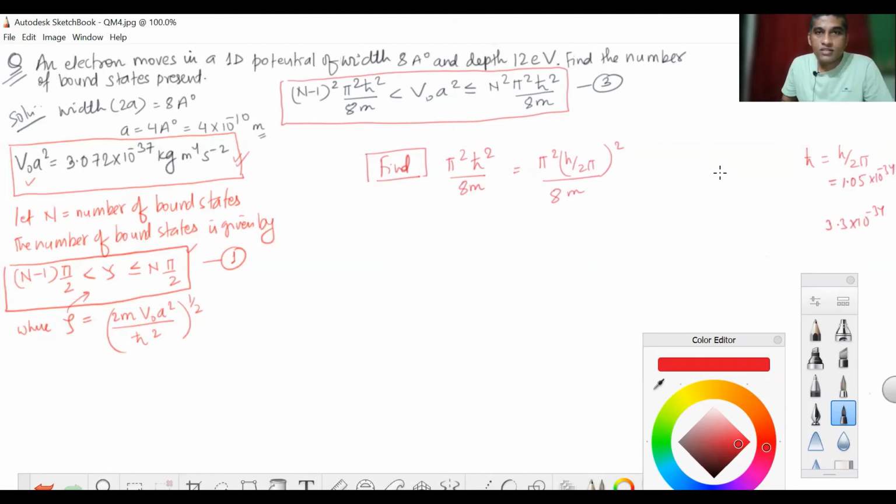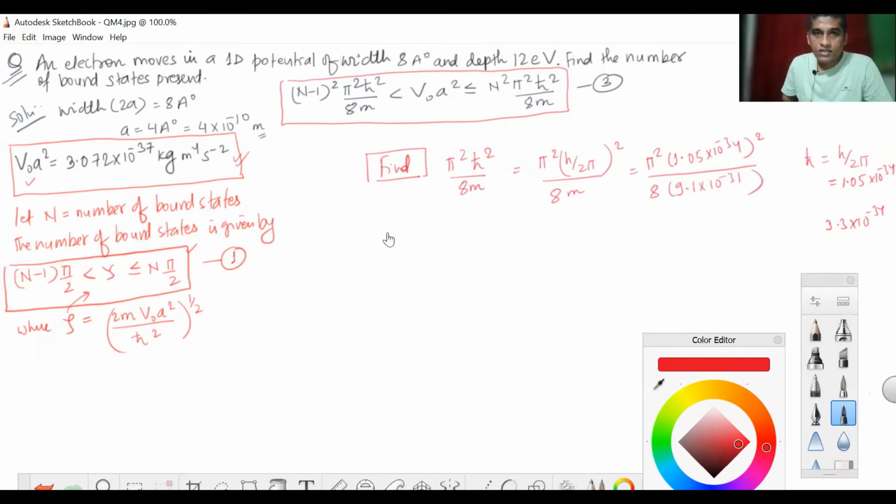So pi square, and we have 1.05 into 10 to the power minus 34 whole square divided by 8, and mass of electron is 9.1 into 10 to the power minus 31.